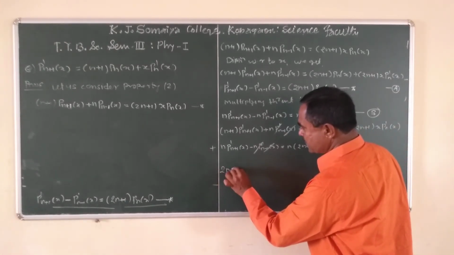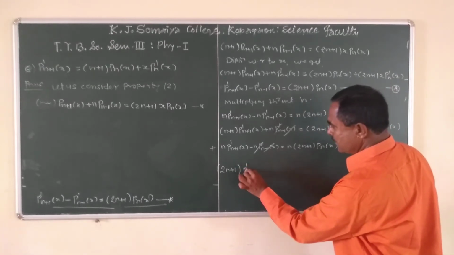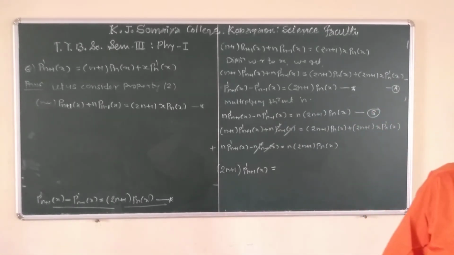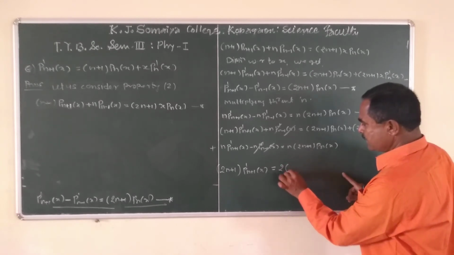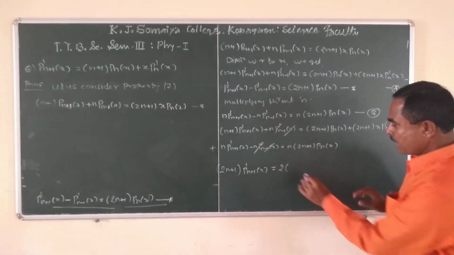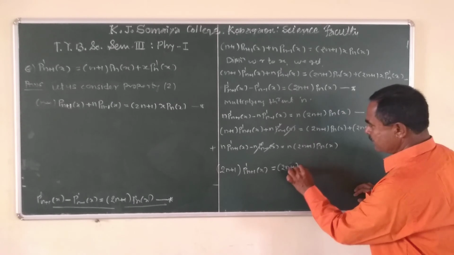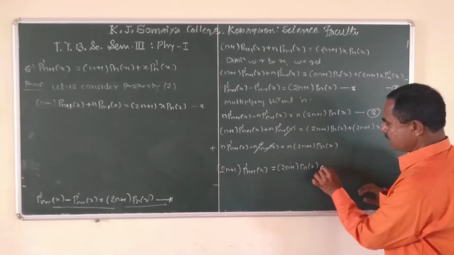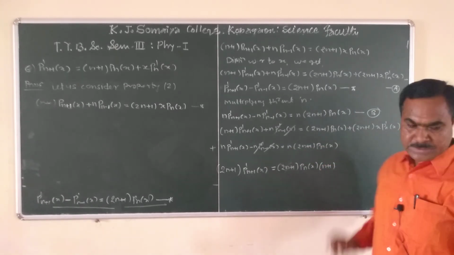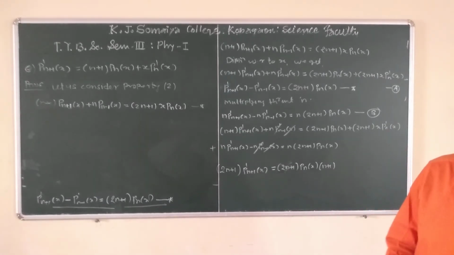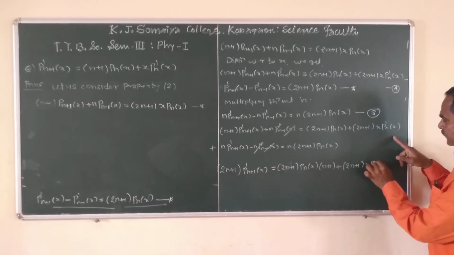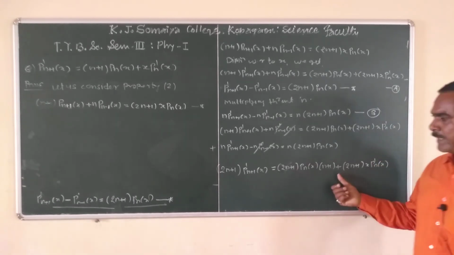So (2n+1) P'_{n+1}(x) = (2n+1) P_n(x), where we write n as n+1, this is the first term, and in the next term we write plus (2n+1) x P'_n(x).